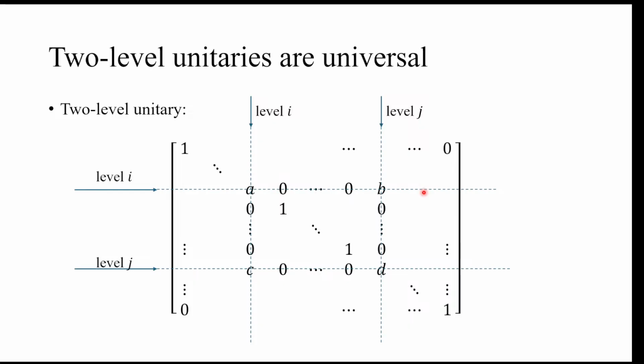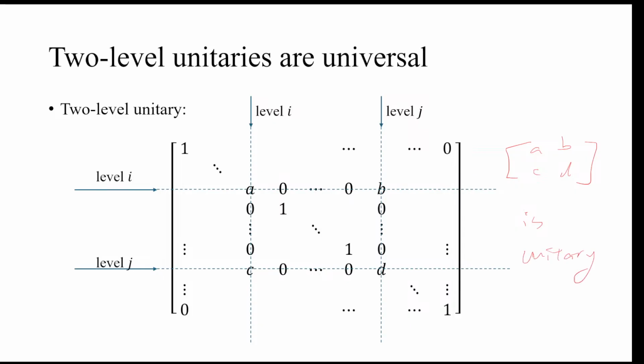And you can show that for this to be unitary, the matrix A B C D needs to be unitary. It's quite easy to show, because you just think about what the transformation on these two dimensions will do. This thing is unitary.